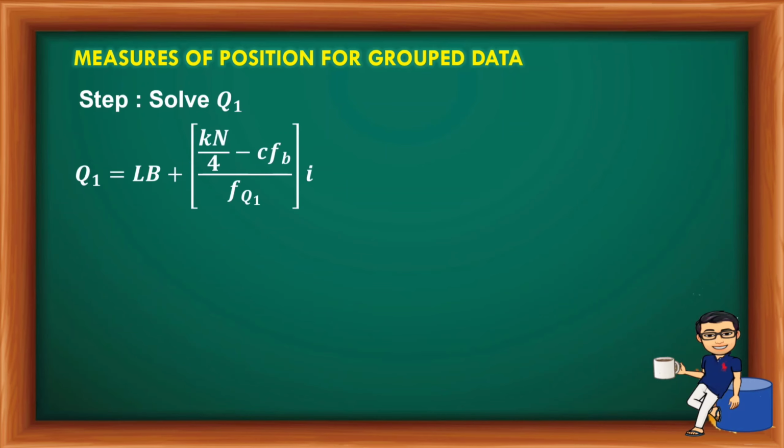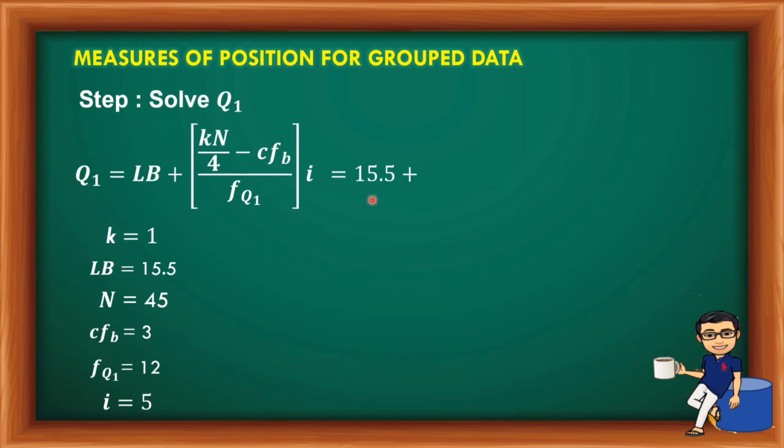Okay, using the formula, so we just work on substituting all the values that we gathered from our previous tables. So, yan yung mga nakuha natin kanina. So, by substitution, we're looking for quartile 1. So, ang ating LB or the lower boundary is 15 and 5 tenths. So, plus, so itong K ay 1 times N, which is 45 over 4.